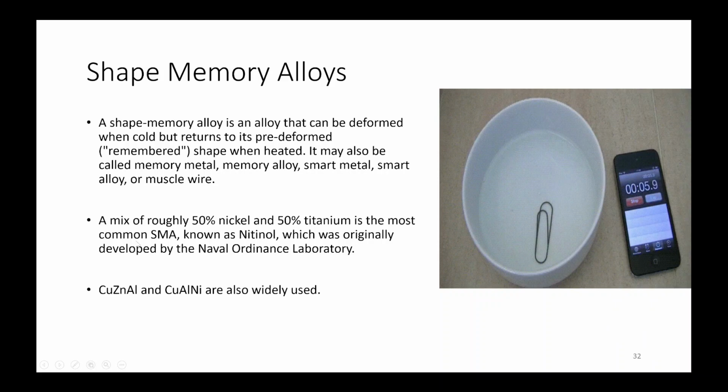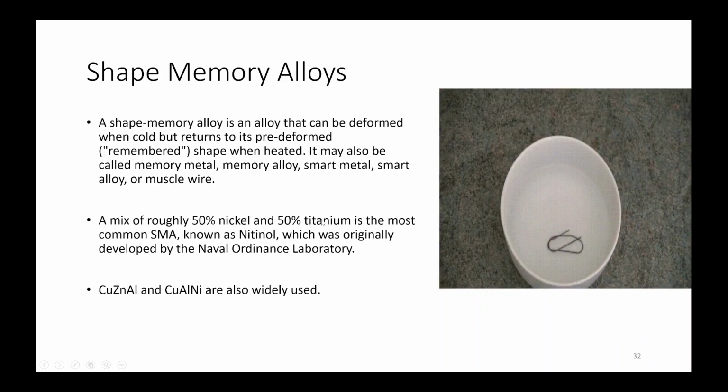A mix of roughly 50% nickel and 50% titanium is the most common shape memory alloy, known as nitinol, which was originally developed by the Naval Ordnance Laboratory. Copper, zinc, aluminium, and copper, aluminium, nickel are also widely used.